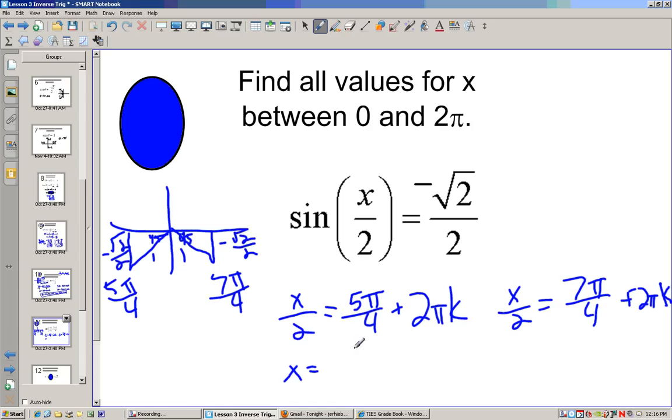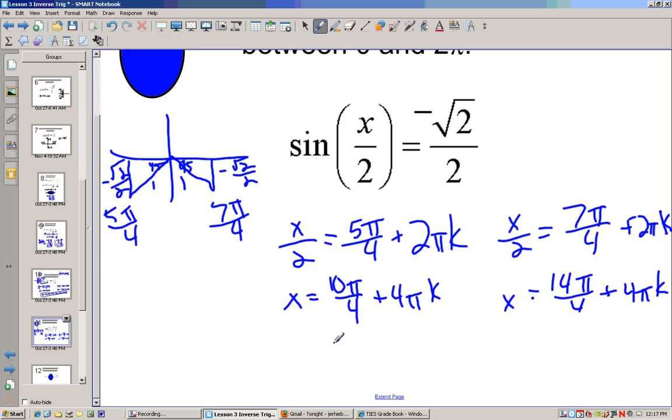So if I multiply this by 2, this would be 10 pi over 4 plus 4 pi k. And over here, it would be 14 pi over 4 plus 4 pi k. So this is 5 pi over 2.